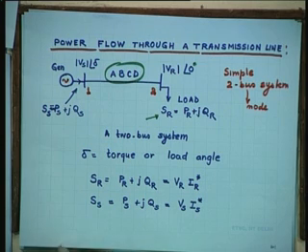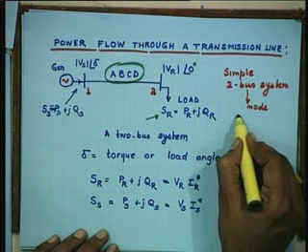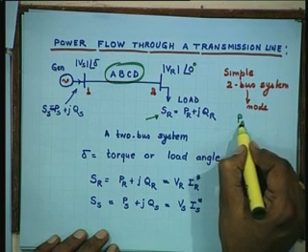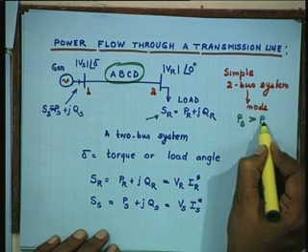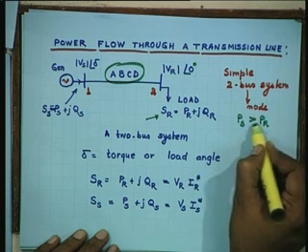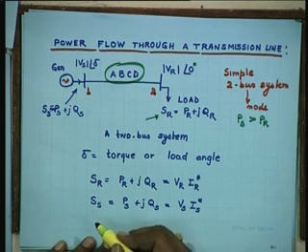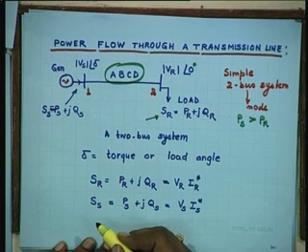So, PS in all probability, there is no exception here like Ferranti effect, is going to be greater than PR. If you ignore losses, then you will have equal to, but that will be a theoretical case. You cannot ignore losses, however small they may be.